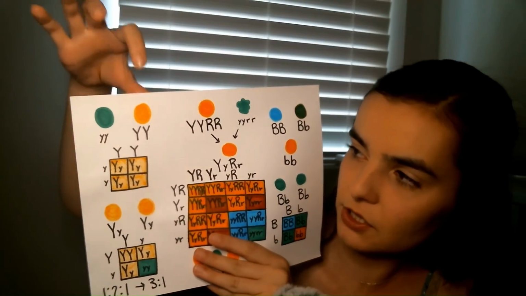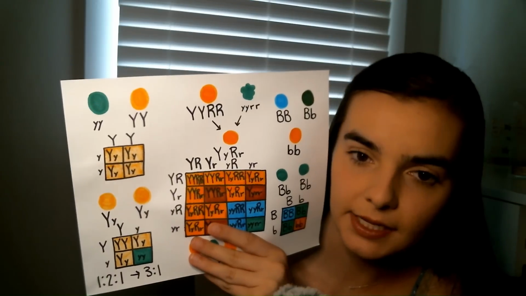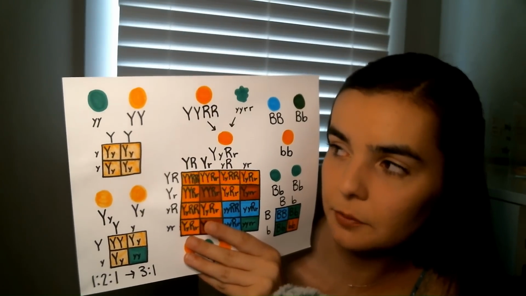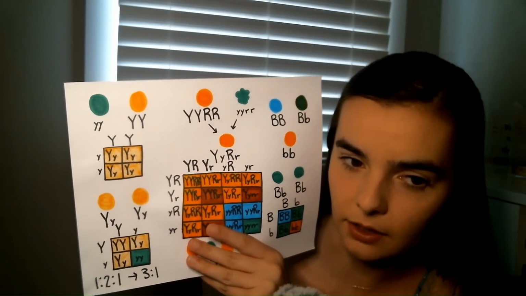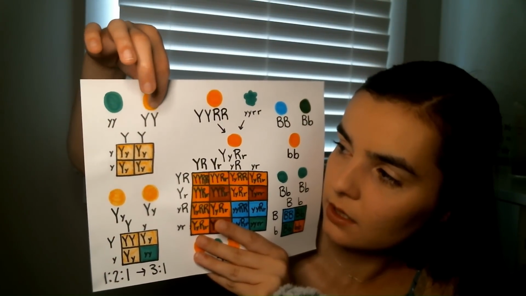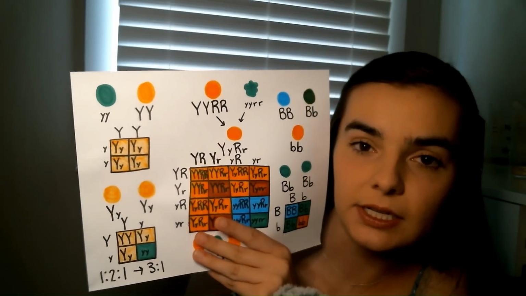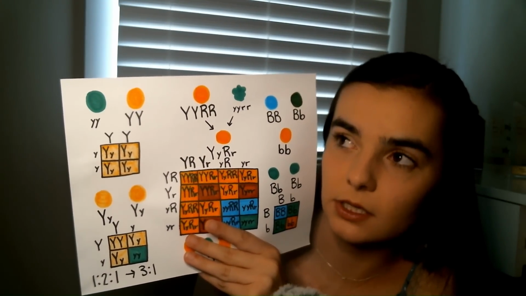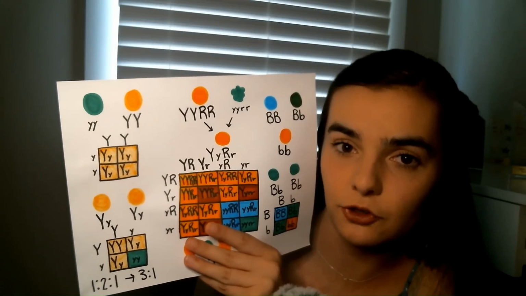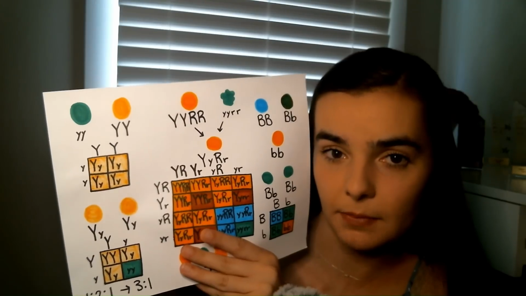so we are going to start with talking about just one trait. As I said before, the pea plants could either be green or yellow. And so this YY, that is known as the genotype. It's the set of genes, the set of alleles that an organism has.